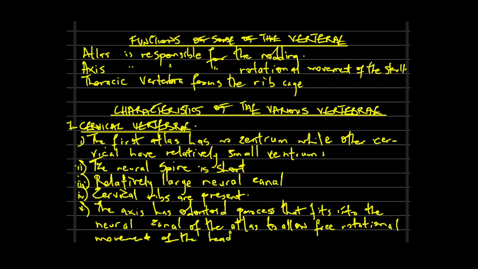So that is the reason why the head is able to have that rotational movement. It's because of the odontoid process that is possessed by the axis in the cervical vertebrae. So these are some of the characteristics of the cervical vertebrae.